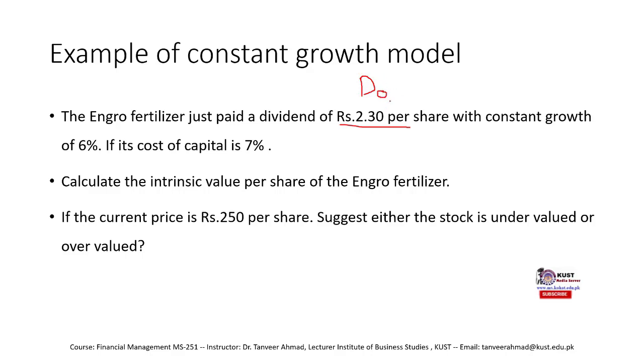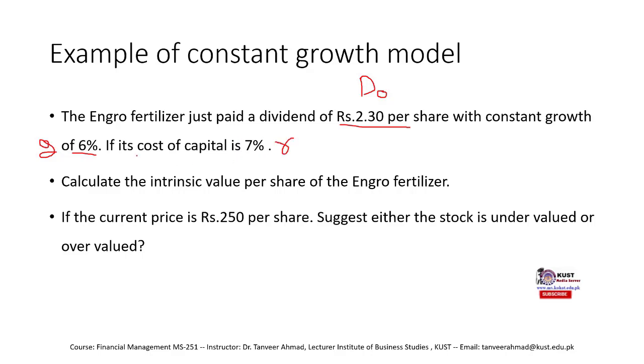This zero stands for the current or the previous time period, right? It is for today. When we say D1, it would be the dividend of next year. So it's 2.3 rupees per share with a constant growth of 6%. This is our G, and the cost of capital is 7%.